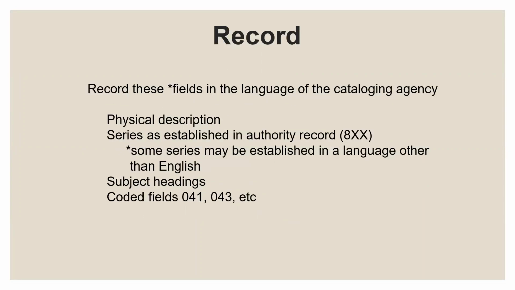The physical description, the MARC tag 8XX of the series, subject headings and coded MARC tag fields will be entered in the language of the cataloging agency. Therefore, for us, they will be in English. This is where the 041 subfield B comes into play.